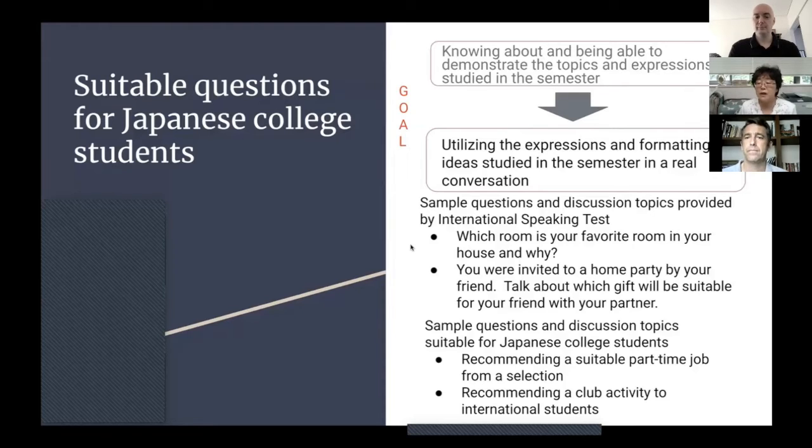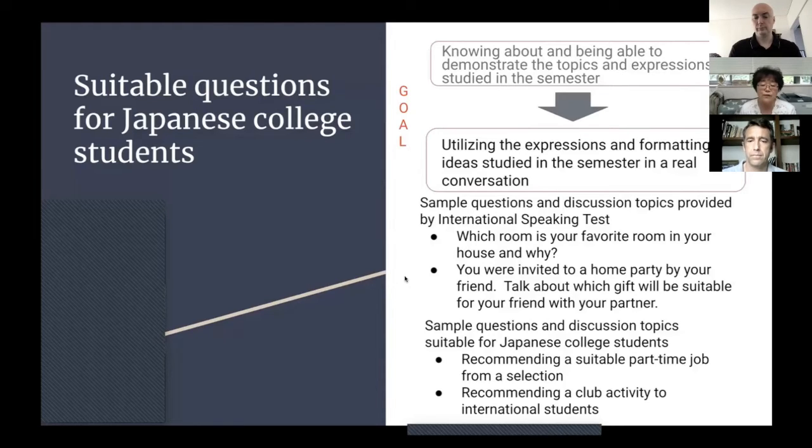So it's very difficult for them to say their favorite room, even though they understood what the question was about. And the second one: you were invited to a home party by your friend. Talk about which gift will be suitable for your friend with your partner. Well, they never get invited to a home party. They are high school kids. They don't have parties like a Western style.